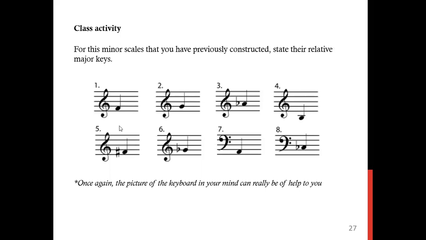Let me see if there's any confusion. I'll look at it now. If you have your major scale, let me see how your assignment is going to come out. You have a major scale. Let's say it's now E flat. And then how do you know?